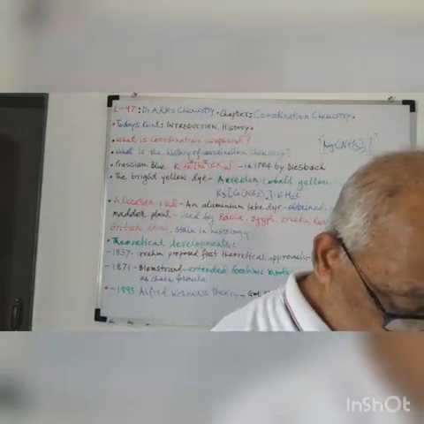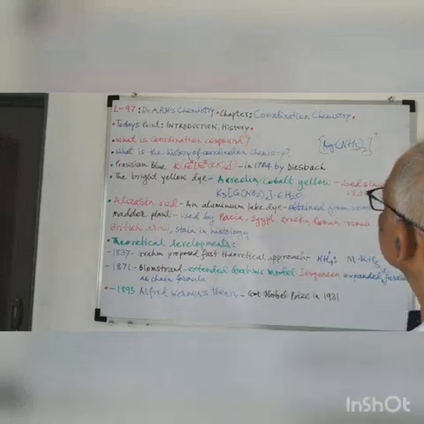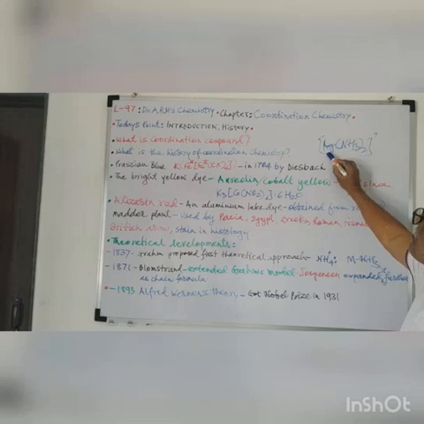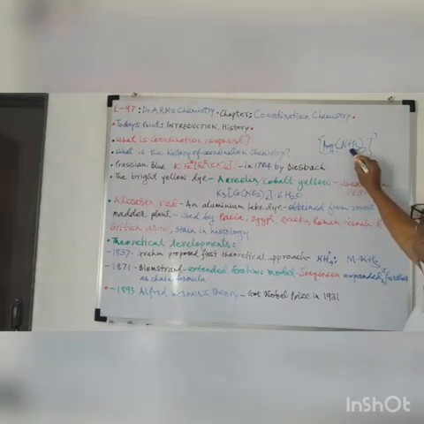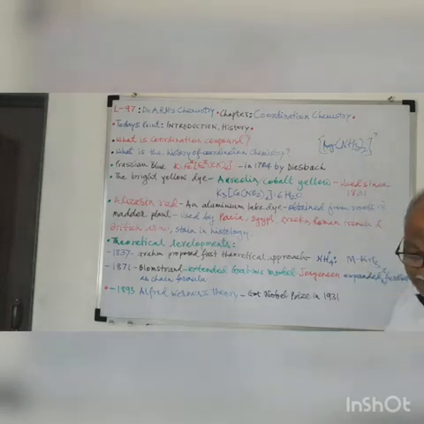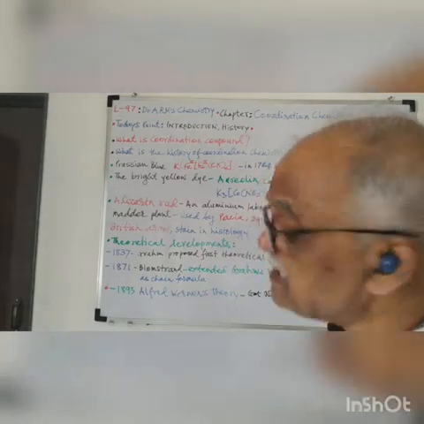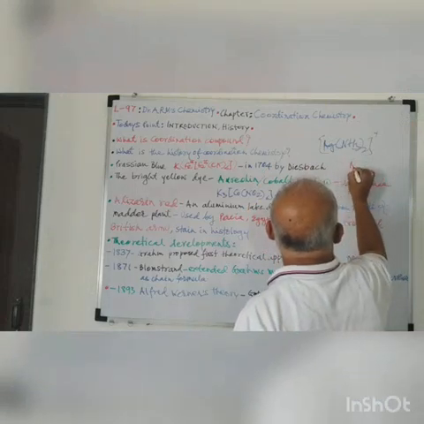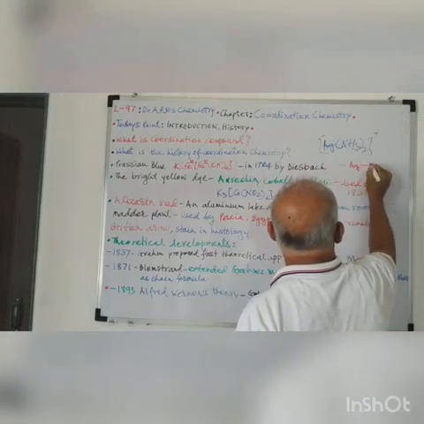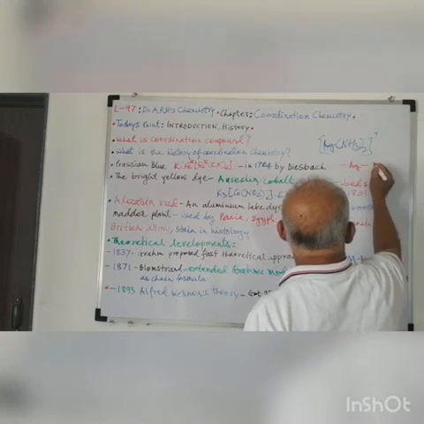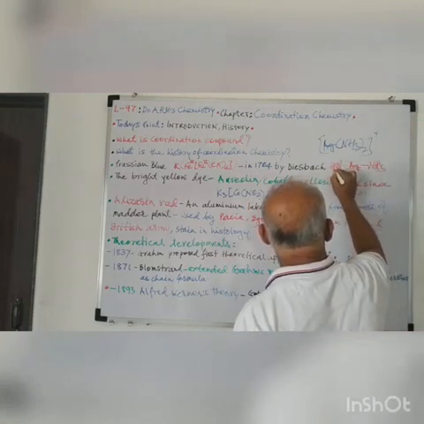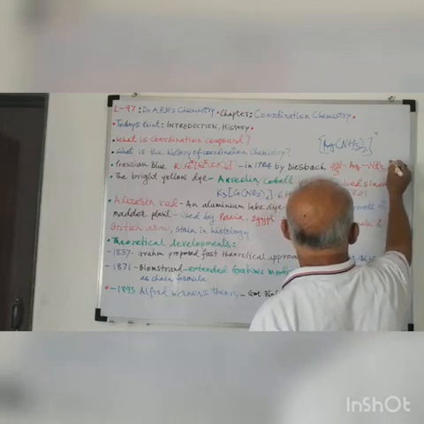This coordination compound contains a metal ion bonded to ammonia molecules. We can split the structure in this way: silver is at the center and two ammonia molecules are attached to it.